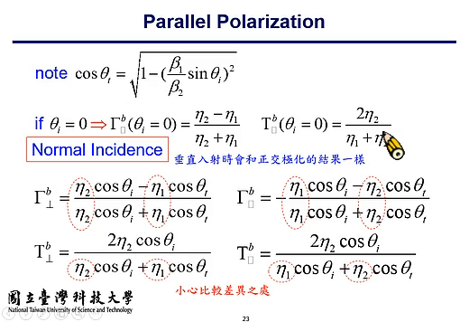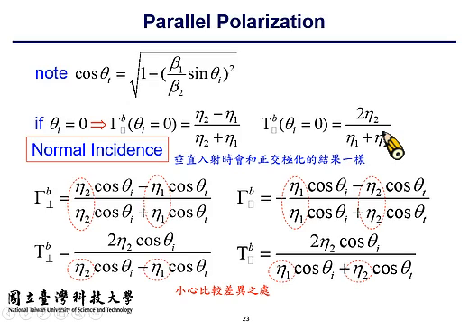It is the same as before for normal incidence. For normal incidence, the parallel polarization and the perpendicular polarization should yield the same reflection coefficient and transmission coefficient.